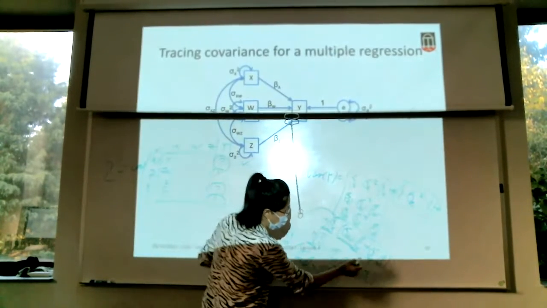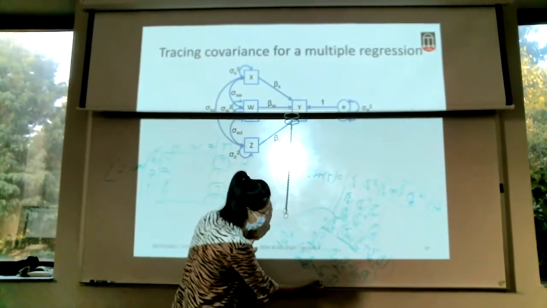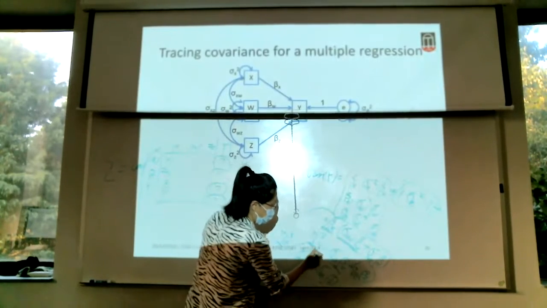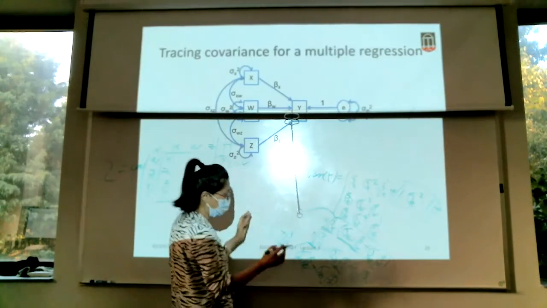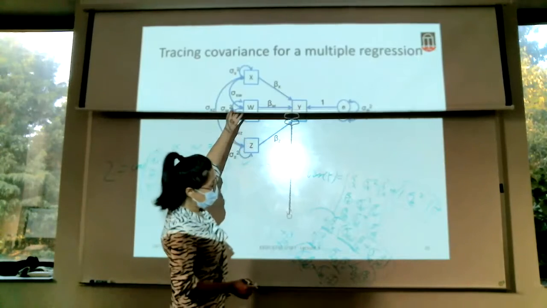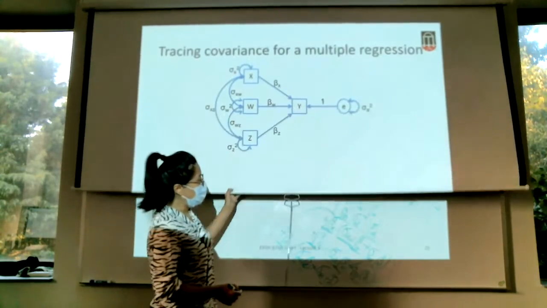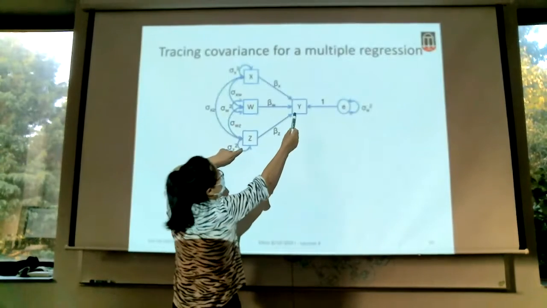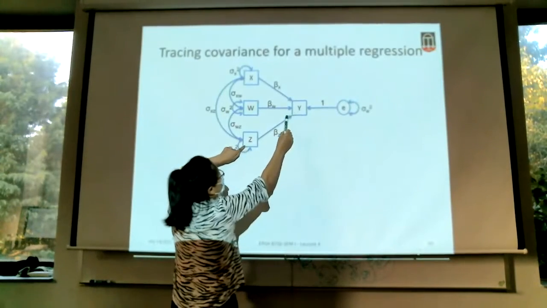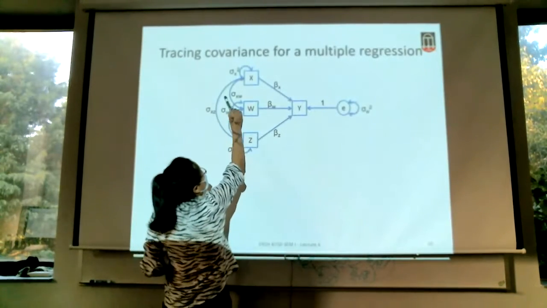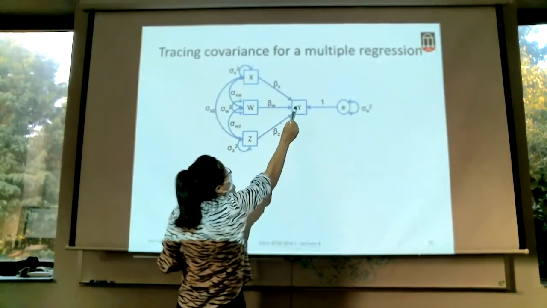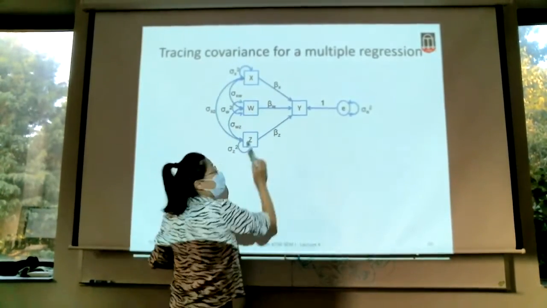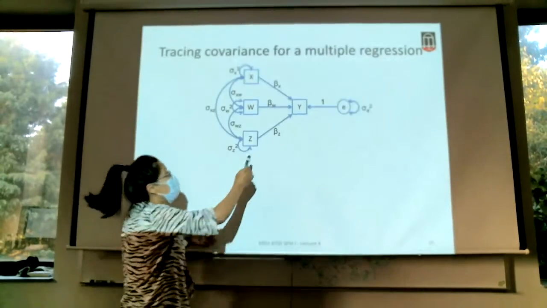And also beta X, beta Z, and here we have beta Z, beta X. These two are the same, so we combine them. Also W and Z, W and Z. If you look at the path, starting from Y to Z, goes to X and stops at Y, this component is different from this one.